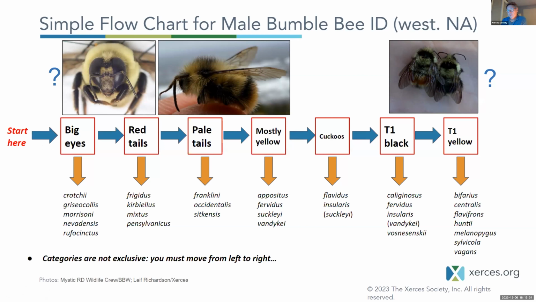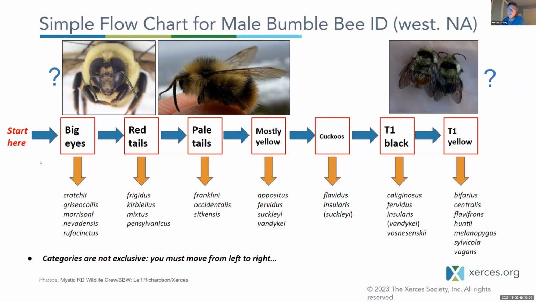I have the species names at the bottom here, and they're not exclusive groups on the right side. So if we identify a bee with big eyes at step one, that bee may also have T1 yellow on the way to the right, but we're not listing it down there because it's an iterative process starting on the left.